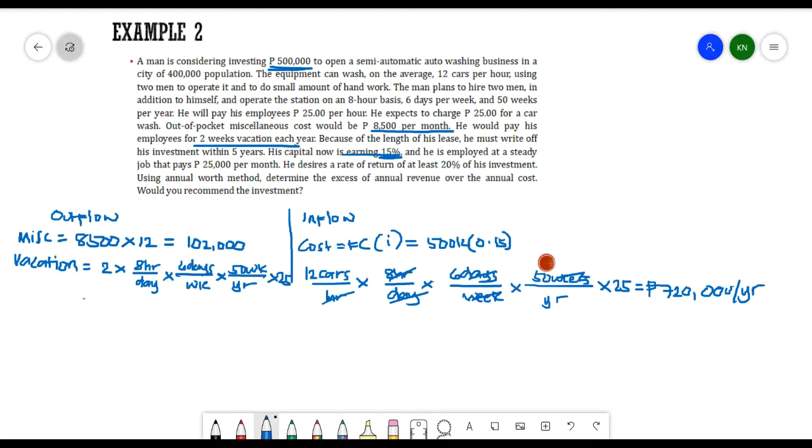So the vacation is worth 4,800 pesos for the 2 employees.